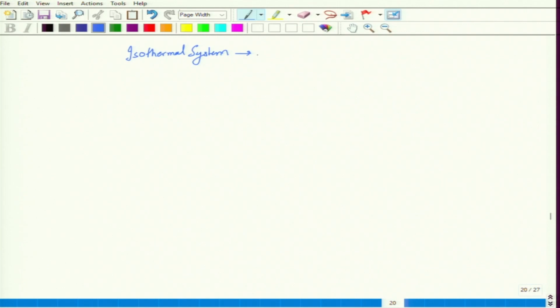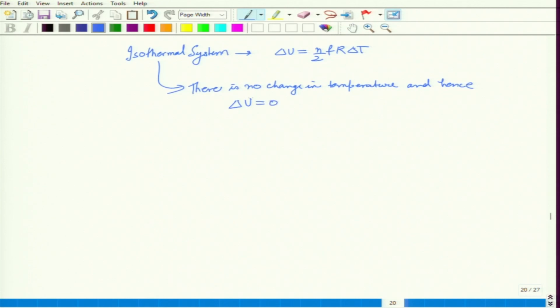In case of an isothermal system, the change in internal energy is nF by 2 R delta T. Because we know in an isothermal system there is no change in temperature, and hence there is no change in internal energy.